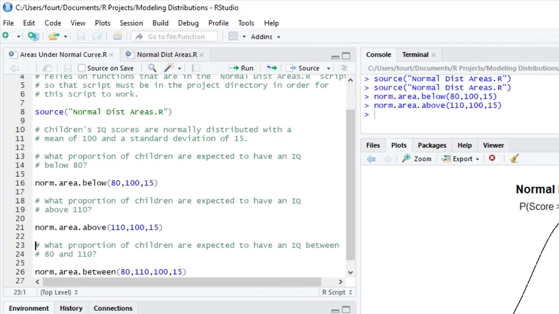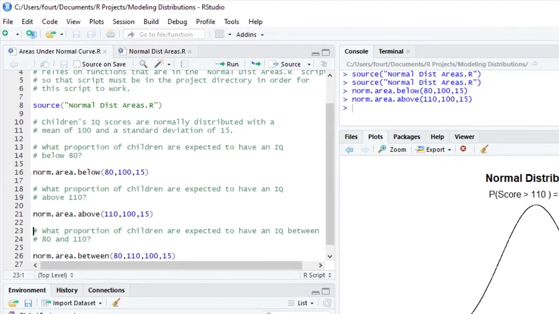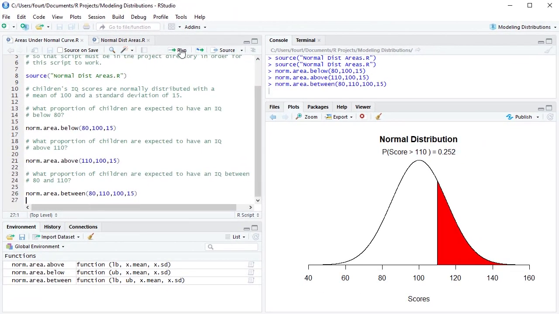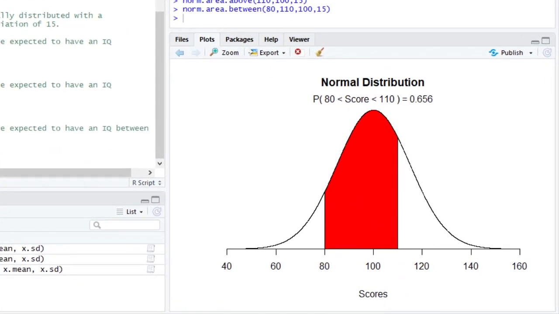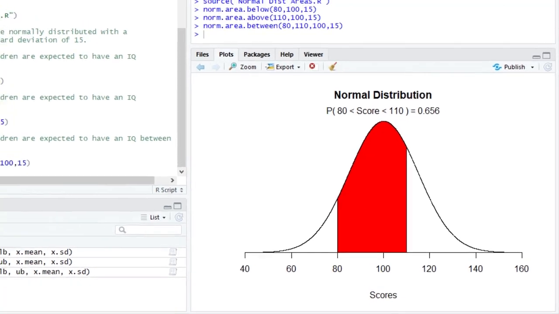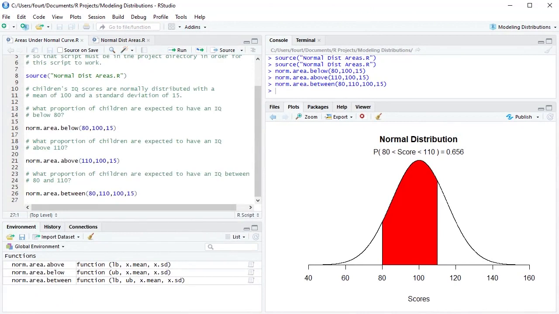As usual, I also need to supply the mean and standard deviation of this normal distribution. When I run this, I get a graph in which the area between 80 and 110 is highlighted, along with the information that this highlighted region is approximately 66% of the area under the normal curve. What say you? Pretty nice?